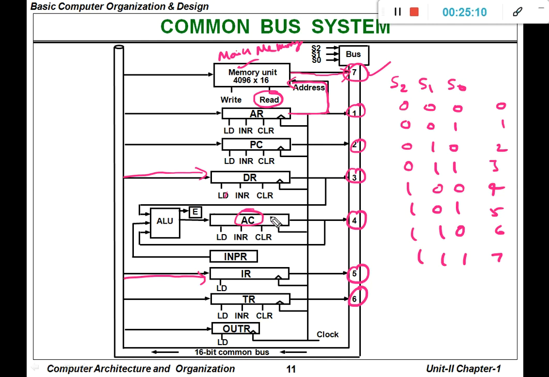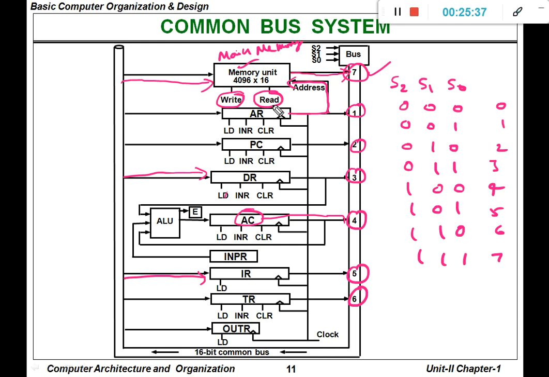Then I will pass this data through the common bus, and by initiating the write operation, I am going to store the content inside the main memory. Okay. So like this, we perform the read operation and write operation.